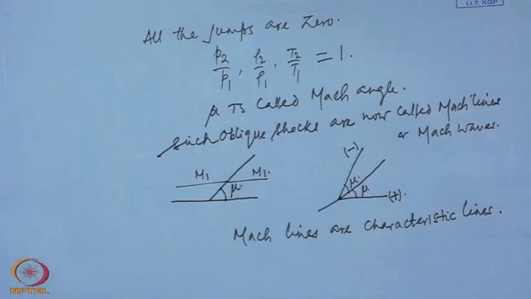Now, of course, if the flow is non-uniform, then the Mach number changes throughout the flow and consequently the Mach angle mu also changes, and these Mach lines become curved.